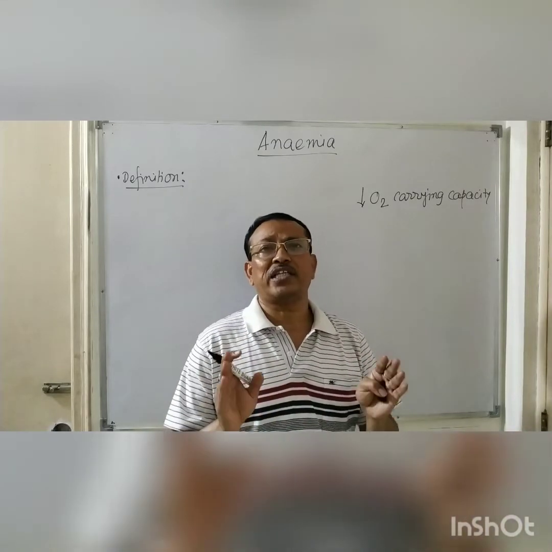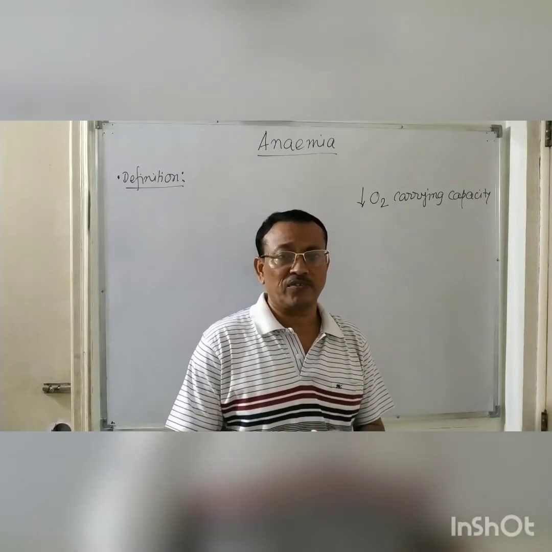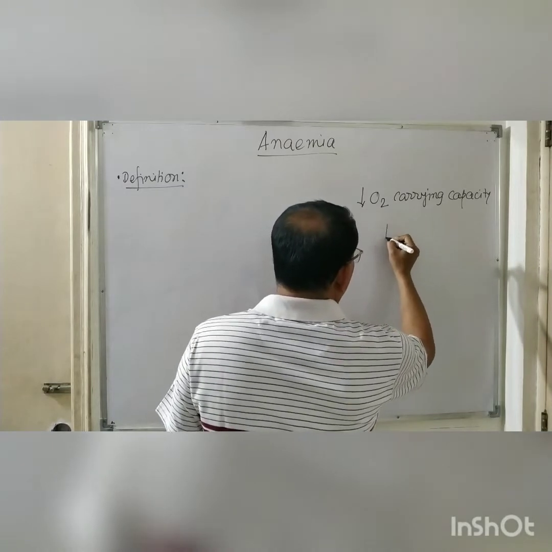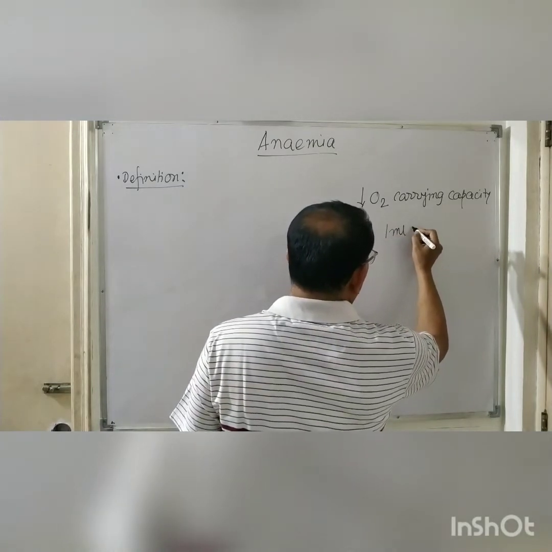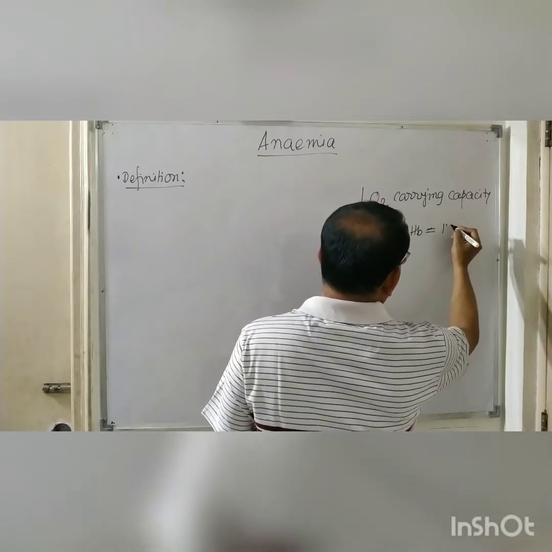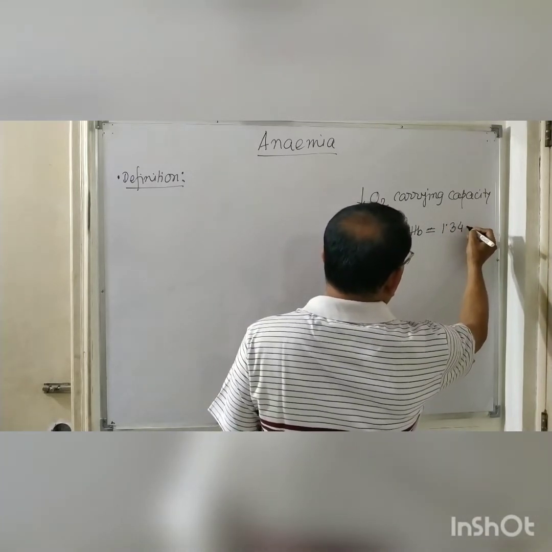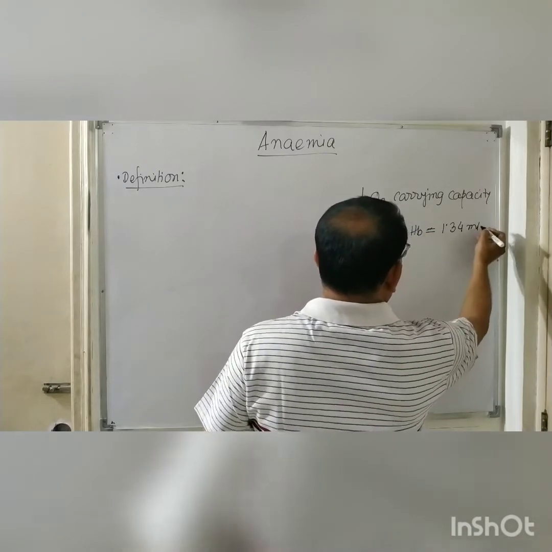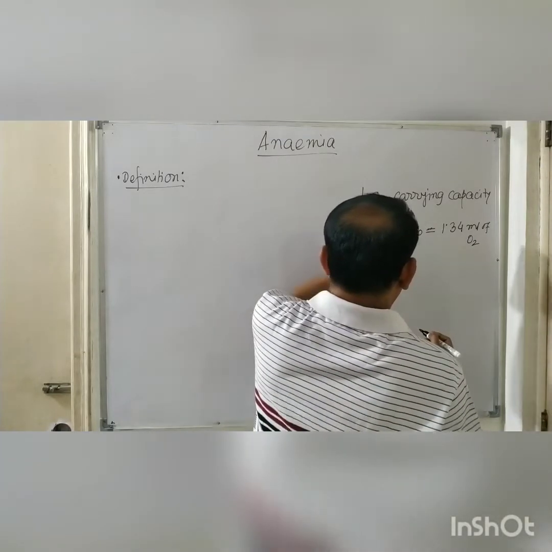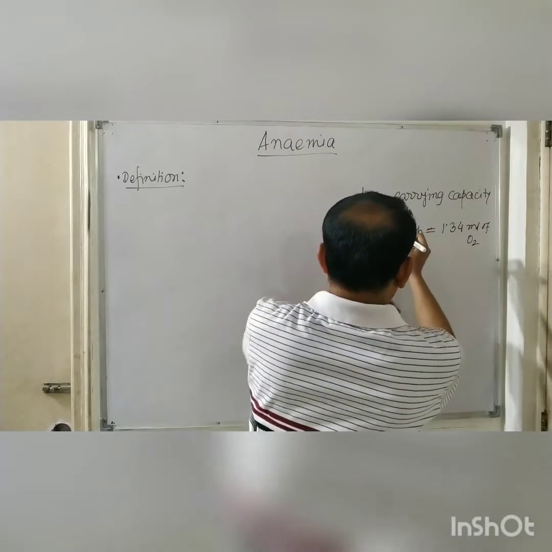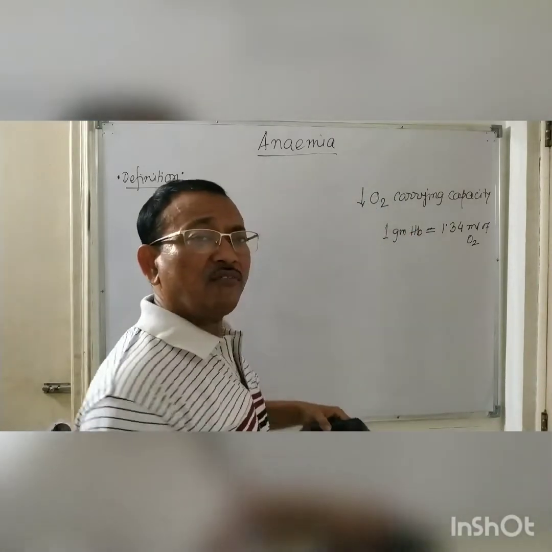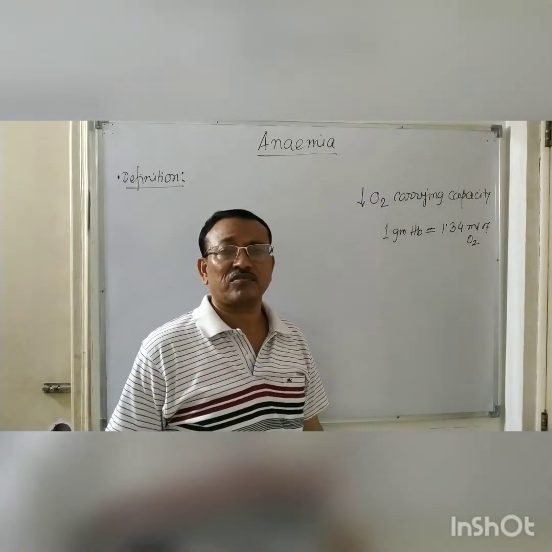Generally 1 gram of the hemoglobin can carry 1.34 ml of the oxygen.